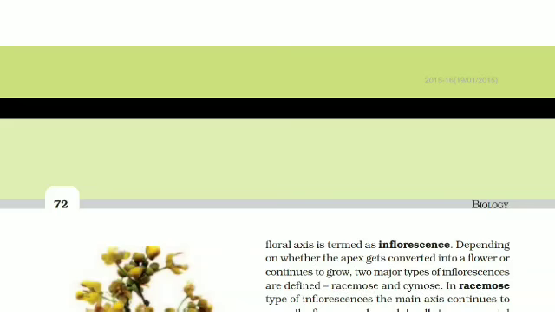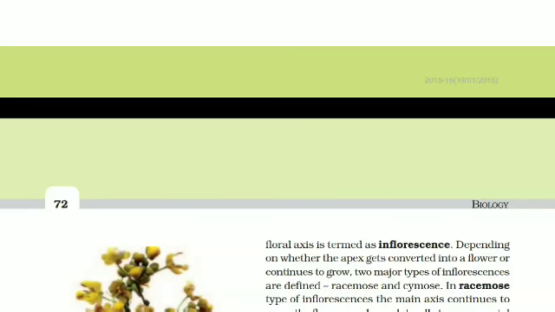The axis of the inflorescence is called peduncle and a flattened peduncle is known as receptacle. Now, depending on whether the apex gets converted into a flower or it continues to grow, two major types of inflorescence are defined. What are those? Racemose inflorescence and cymose inflorescence.